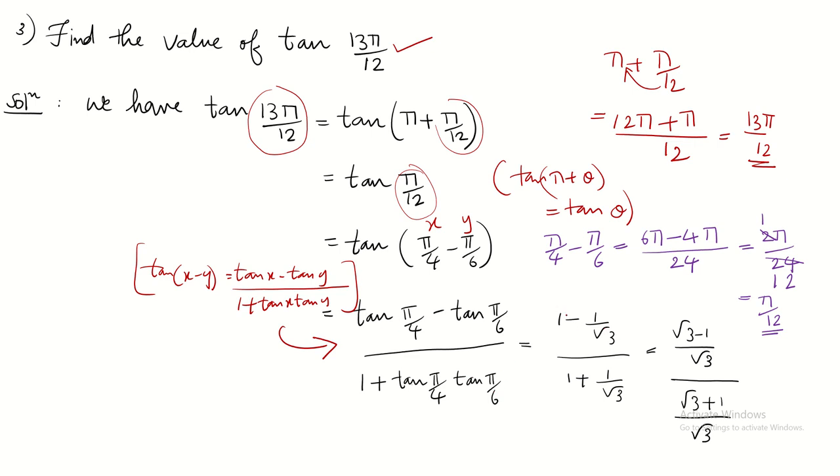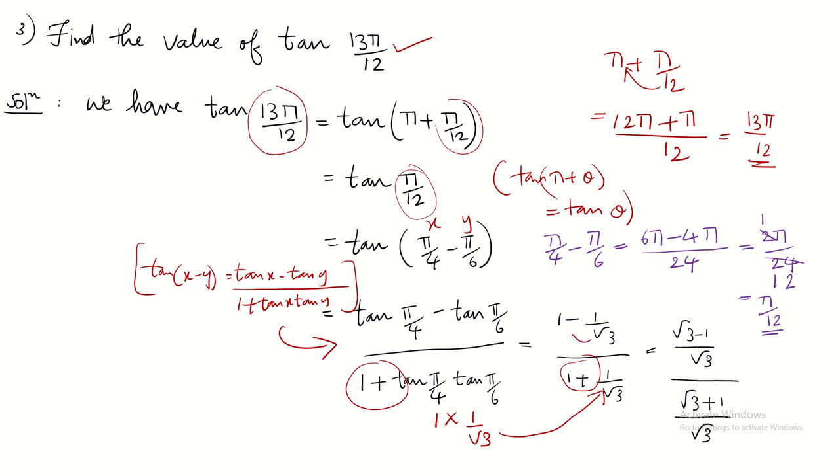Tan pi by 4 you have the value as 1, minus tan pi by 6, the answer is 1 by root 3, divided by 1 plus, tan pi by 4 which is 1, into tan pi by 6, 1 by root 3. So 1 into 1 by root 3 you got 1 by root 3. This one I have written as it is, 1 plus 1 by root 3.